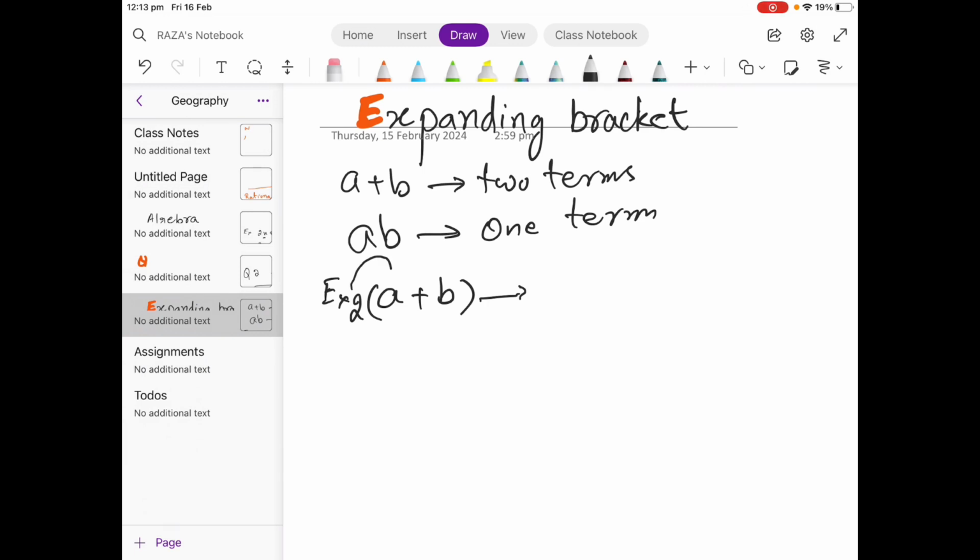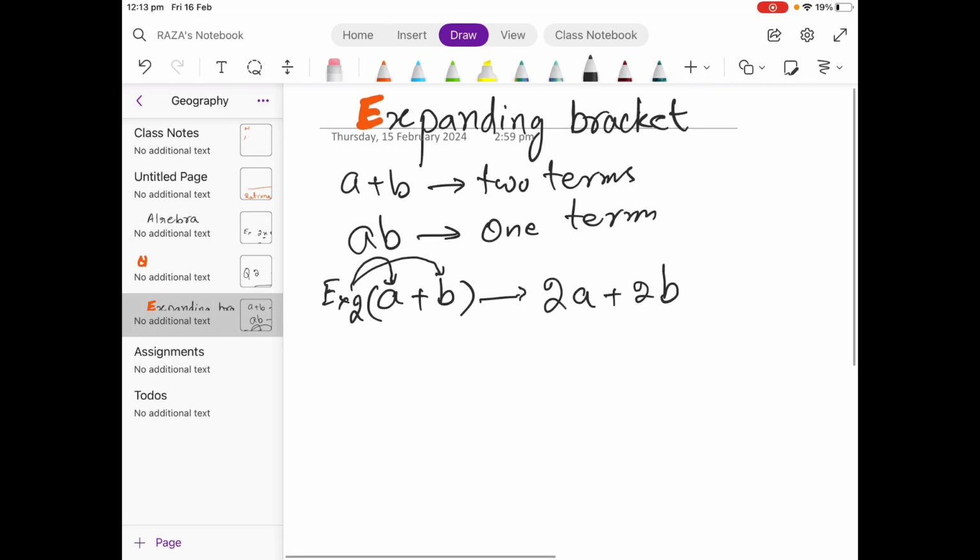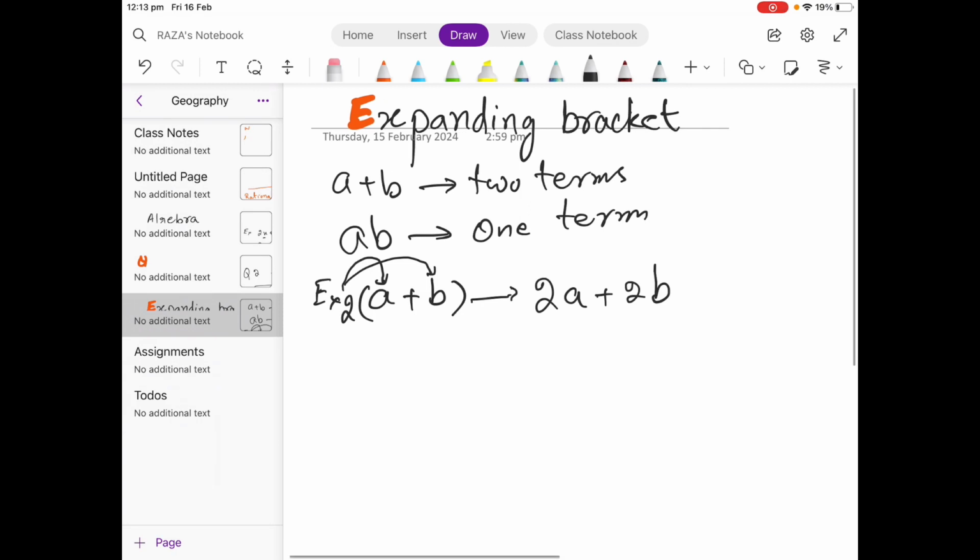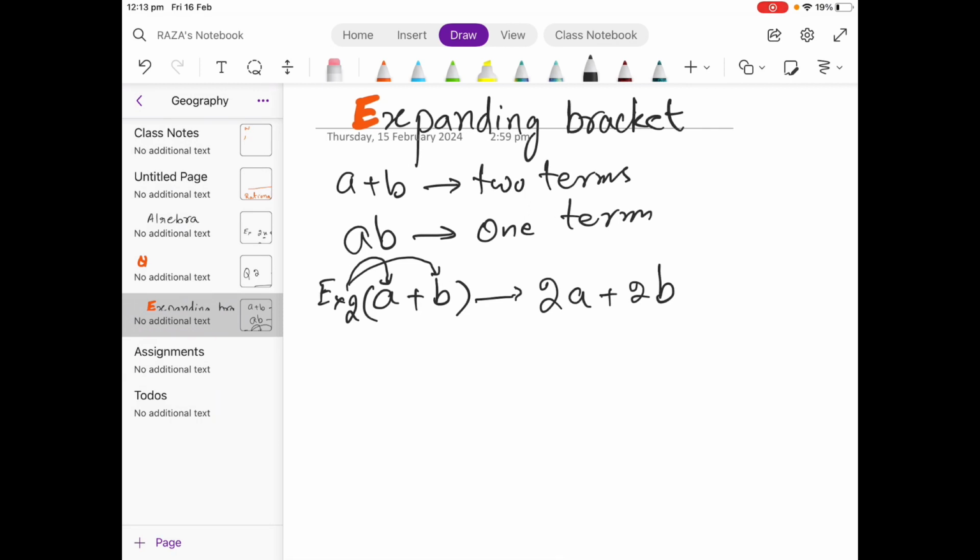It needs to go and affect a as well. First you times with a, 2a, and then it will go and affect the second term as well, which is 2b. So anything outside the bracket will affect inside the bracket and apply to each and every one of them.